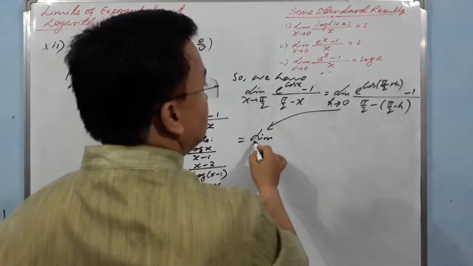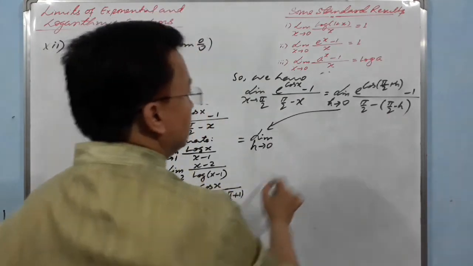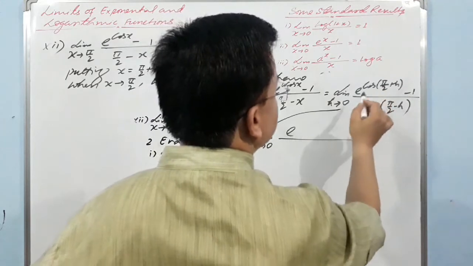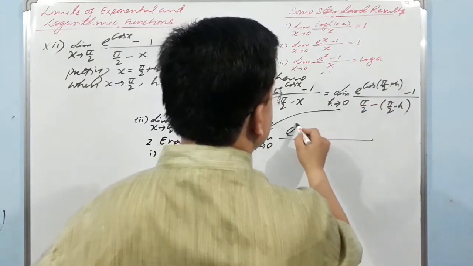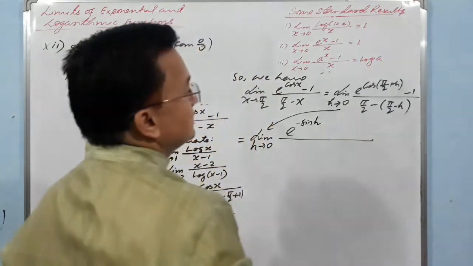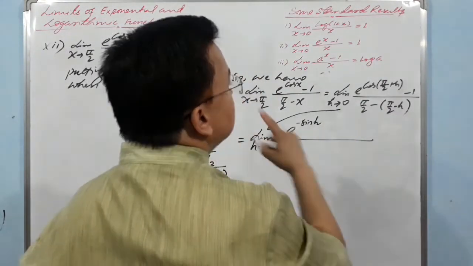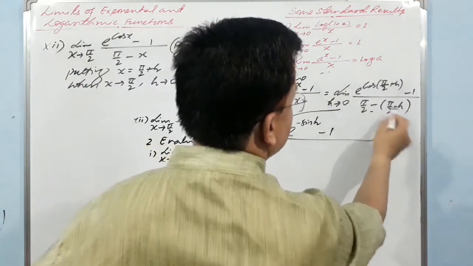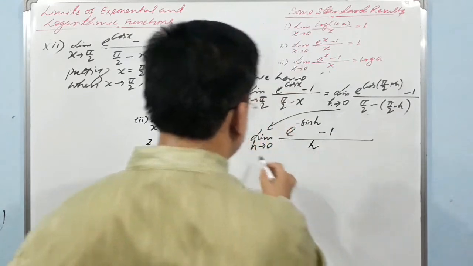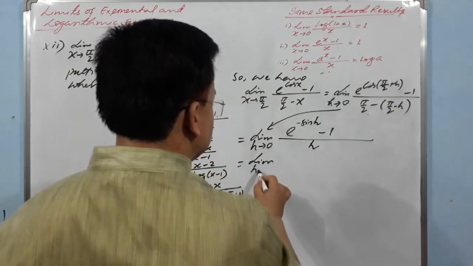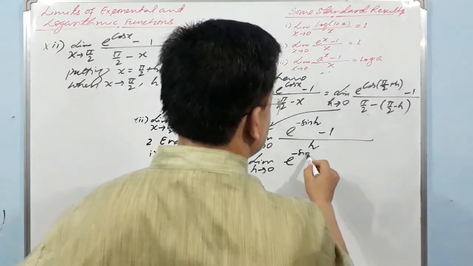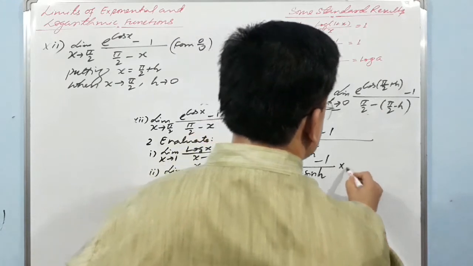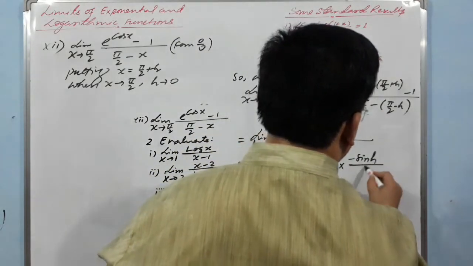So it becomes limit h tends to 0 of e raised to power cos of pi by 2 plus h, which is minus sin h, right? So minus sin h, like cos of 90 plus theta is minus sin theta, minus 1 over, here pi by 2 cancels, pi by 2 minus x becomes minus h. So it is limit h tends to 0 of e raised to power negative sin h minus 1 over minus sin h times minus sin h over h.